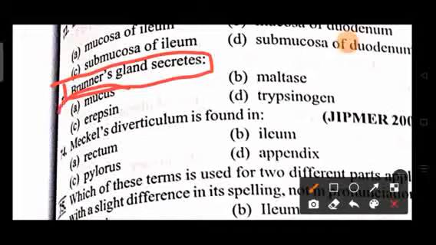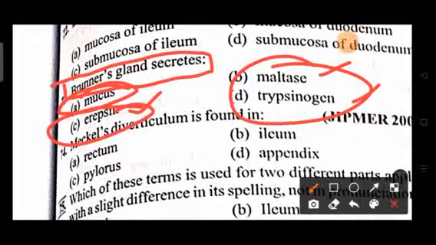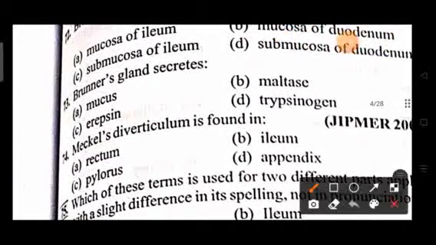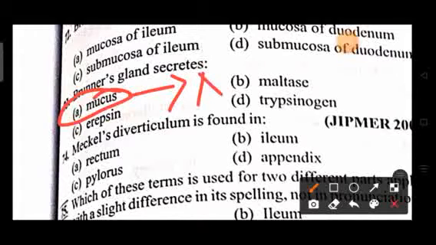Maltase, trypsin and erepsin are meant for the digestion of food, and mucus is going to protect the alimentary canal of our body. So mucus is the answer, that is, Brunner's gland secretes mucus. Option A is the right answer.